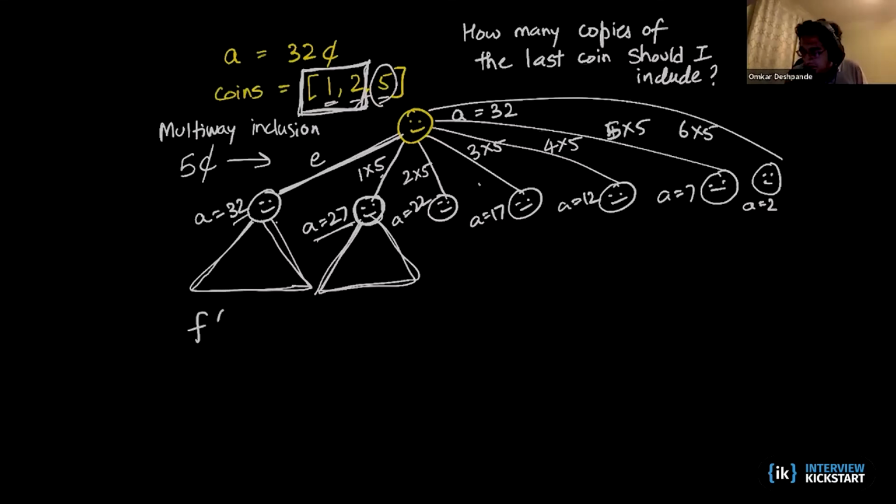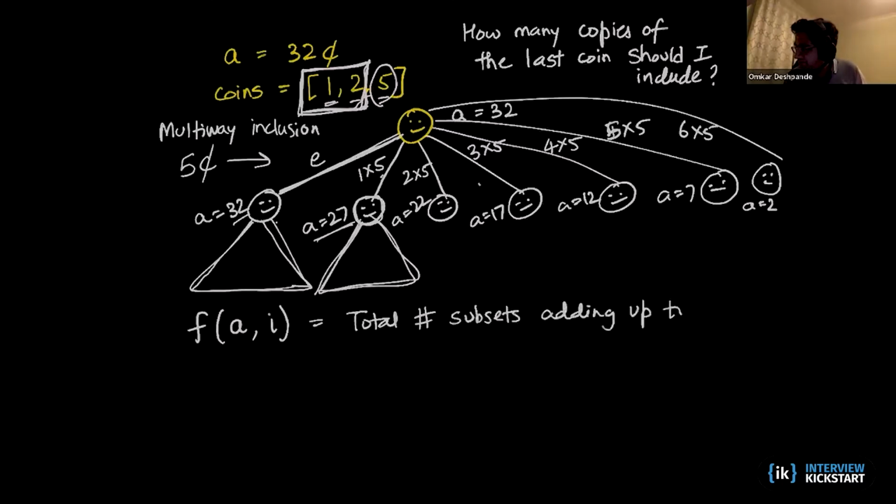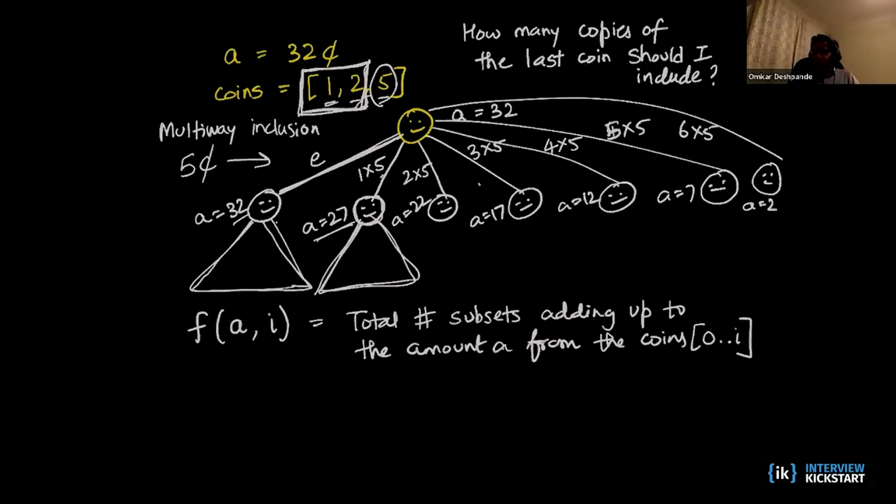So the problem description will be: given an amount, let's say A, and a prefix of this original coins array, let's say coins from index 0 to I, find the total number of subsets adding up to the amount A from the coins with index 0 through I. Okay, from this prefix of the coins array.